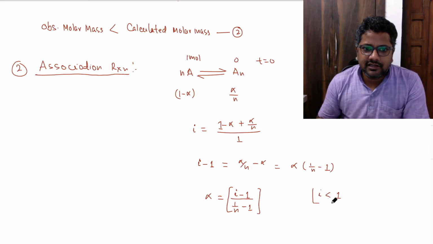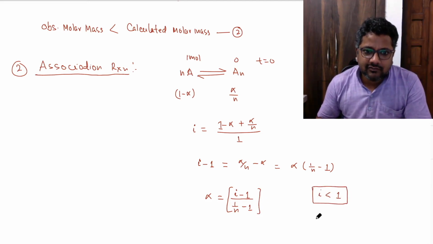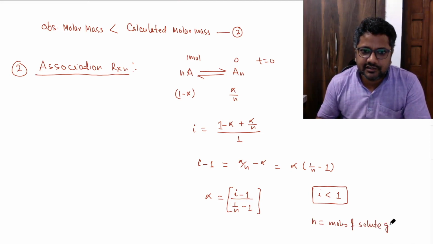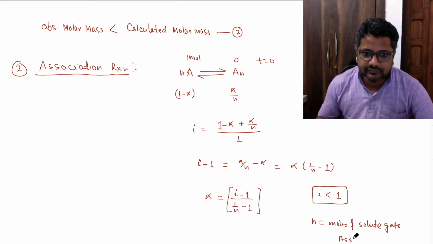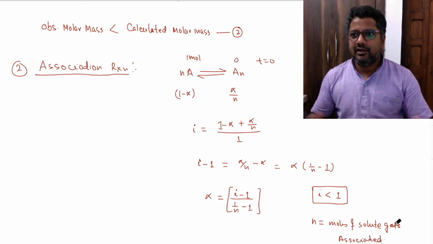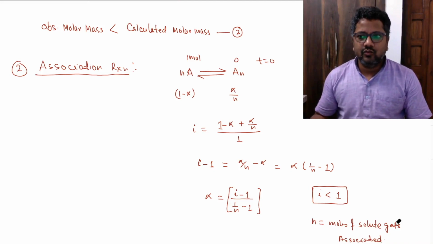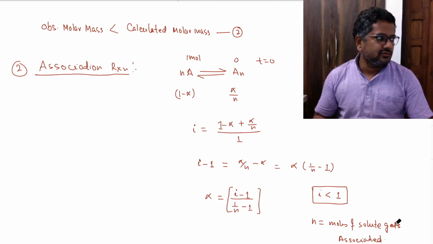It is clear that for an association reaction I is always less than 1. And what is N here? N is the moles of solute that get associated. For example, if it is given dimerizes, N is equal to 2. If trimerizes, N is equal to 3.